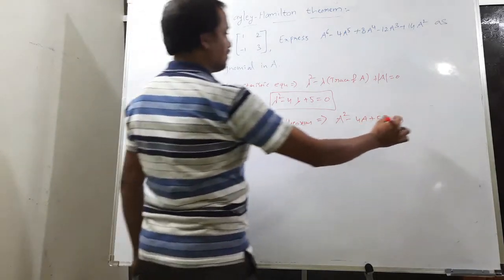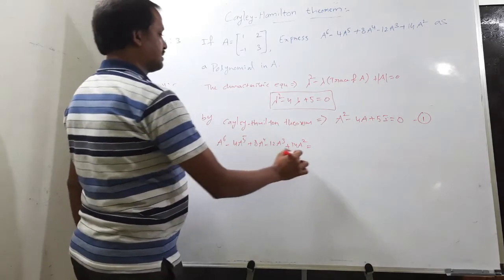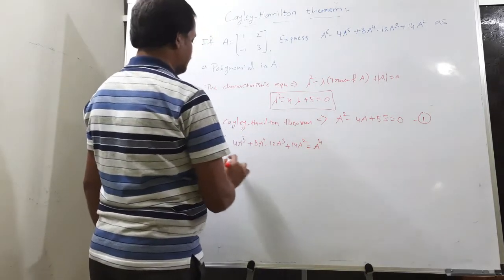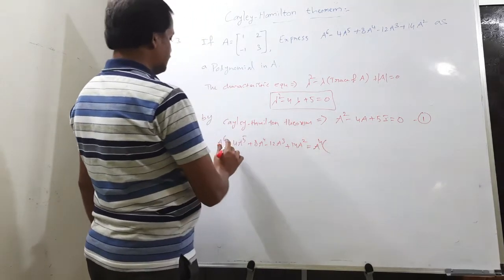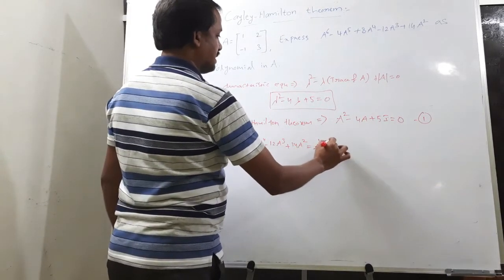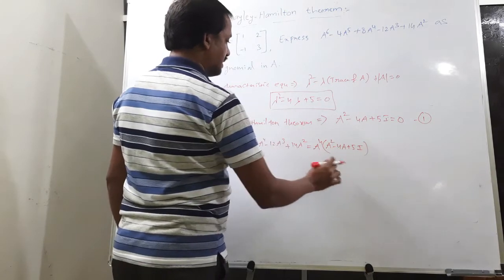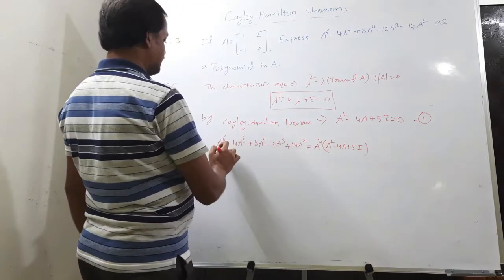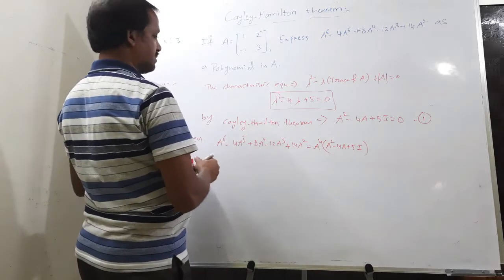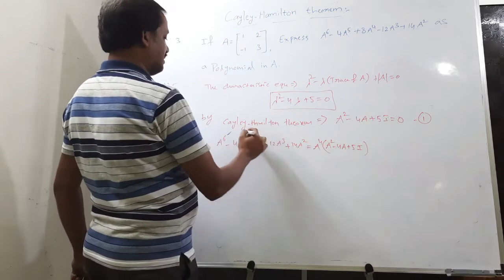Using this quantity, here A power 6 is there, so take A power 4 common, and you can write this same quantity here: A square minus 4A plus 5I. Then you can compare. A power 6 is there? Yes. Next term, minus 4A power 5, is there.